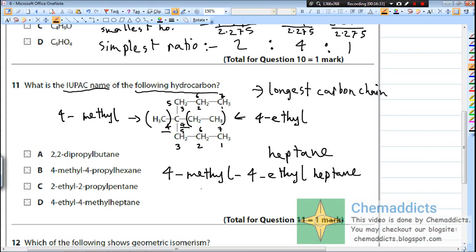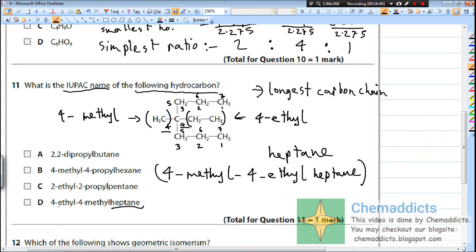Now let us match this name with the given options. This does not match, this does not match. Let us look out for heptane.